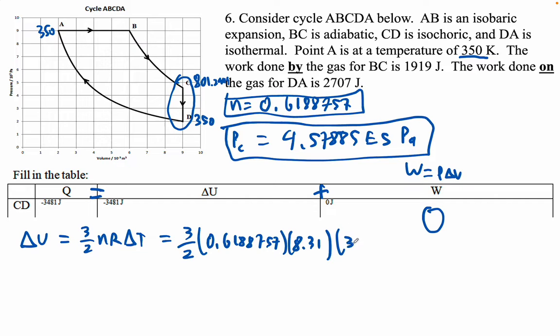So 350 minus 801.299. And this is negative 3481.45691, okay? Joules.